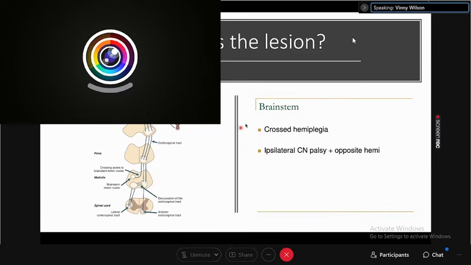So the brainstem lesion that is causing hemiparesis will have a crossed hemiplegia. By crossed hemiplegia, we refer to an ipsilateral cranial nerve palsy and a contralateral hemiparesis. And the reason why contralateral? Because the corticospinal tract has crossed over to supply the opposite area. If the lesion is here, the hemiparesis will be noted on the opposite side.